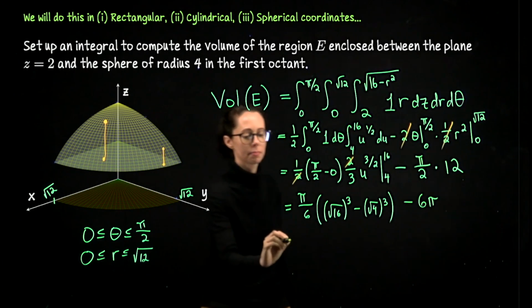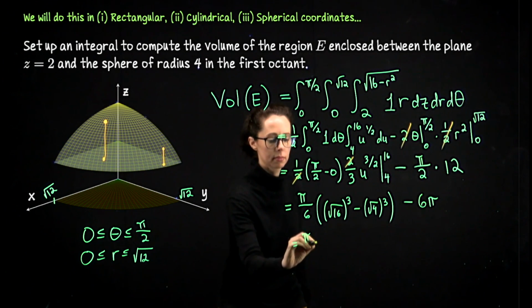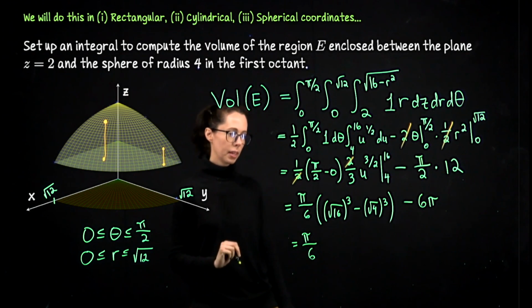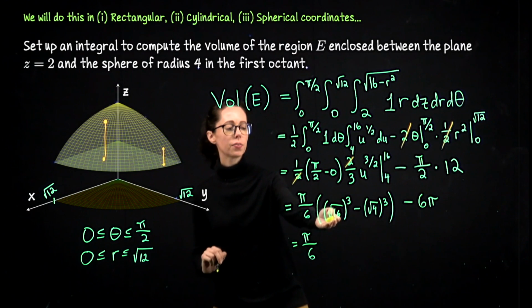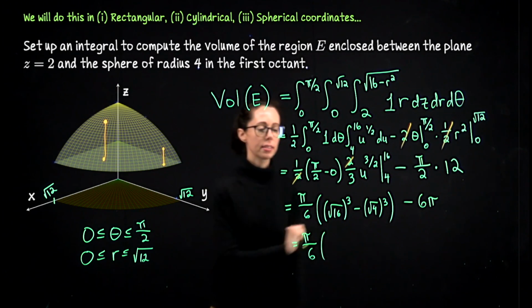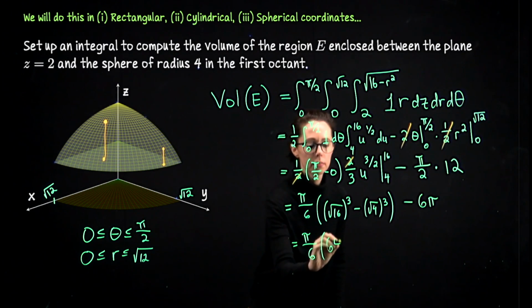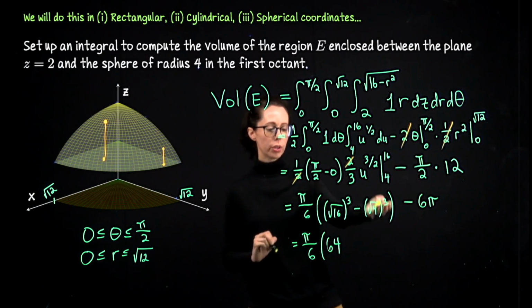Okay. Pi over 6. And then square root of 16 is 4. Cubed is 64. Minus 2 cubed is 8.